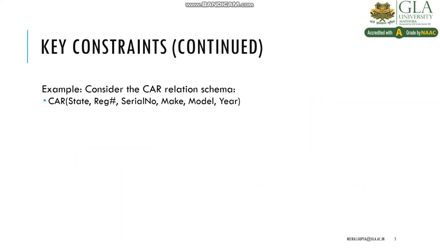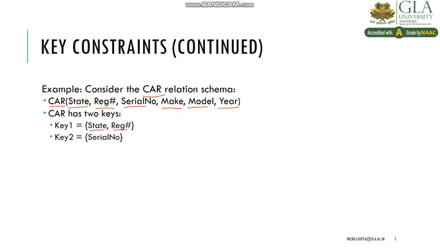Let us consider an example of a car relation in which car has state, registration number, serial number, make, model and year. There are two keys in this. First key is state and registration number, and second one is serial number. Both are also called super keys.